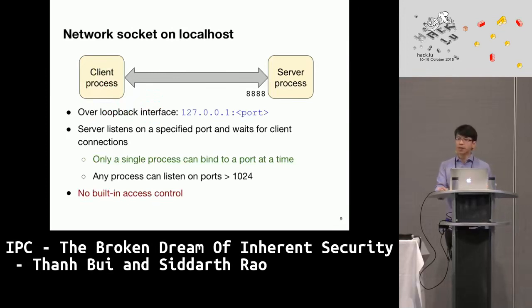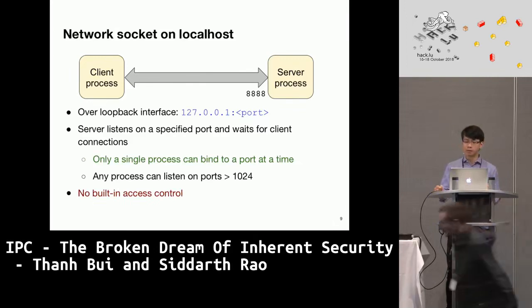Let's begin with network socket. Even though network socket is usually used over the network in computer networks, it can also be used as IPC. And in fact, it's one of the most widely used IPC. Here, the server listens on the loopback interface on a specific port number and waits for client connections.